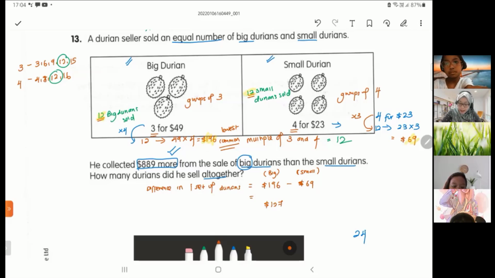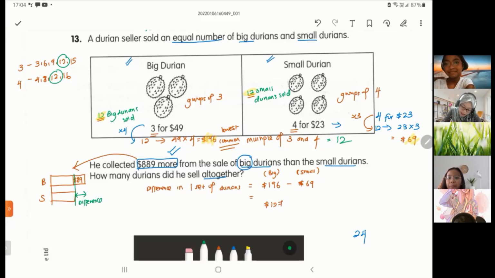Now, this is my difference, right? When I say I collected $889 more from the big durians as compared to the small, it means this one. So in the end, this is the extra $889. So this $889 is the difference. Can you see? This is the difference.